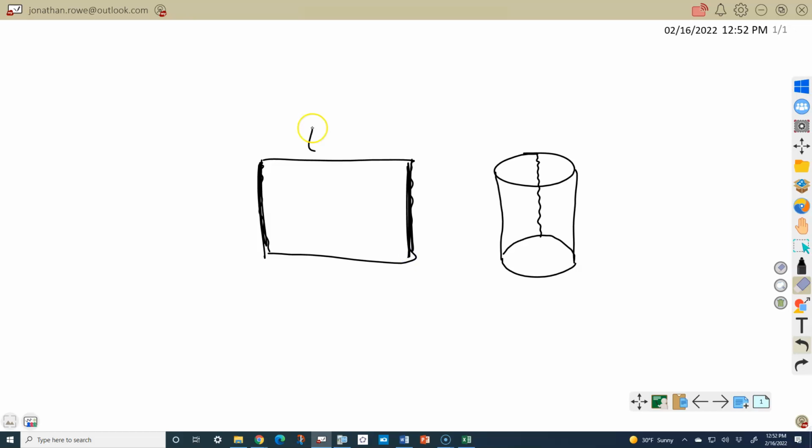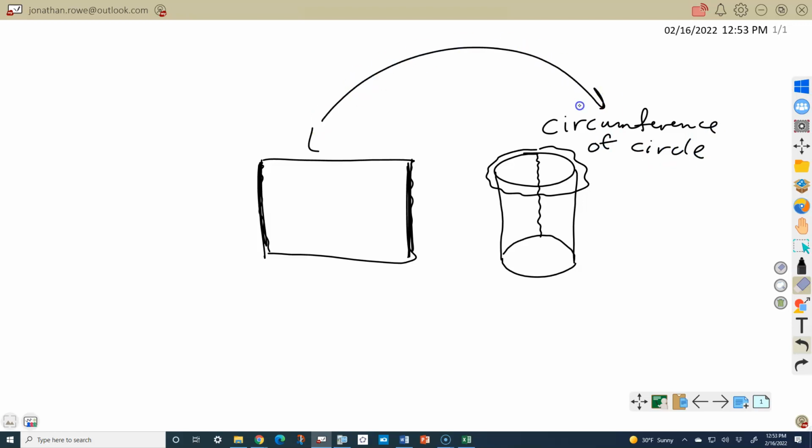The length of this rectangle as it unrolls is the circumference of the circle. So the circumference of the circle is the same thing as the length of that rectangle.